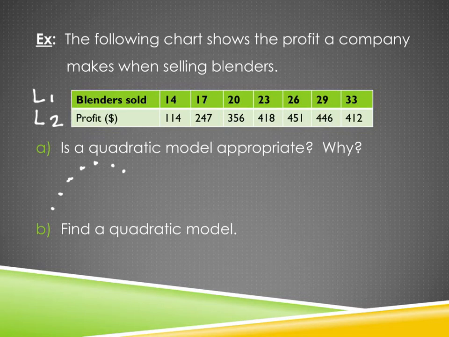This is what I have. So is a quadratic model appropriate? Yes. Why? It's increasing and then decreasing. Perfect. It's because it is increasing then decreasing. Those are my abbreviations, INC and DEC.